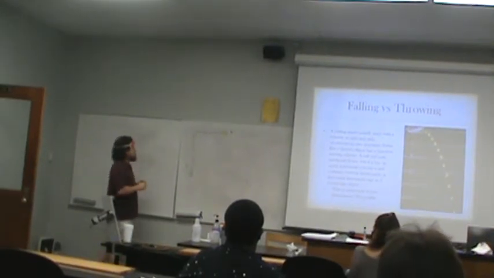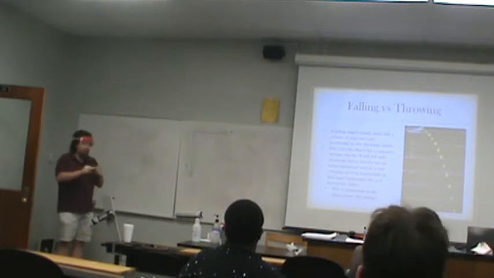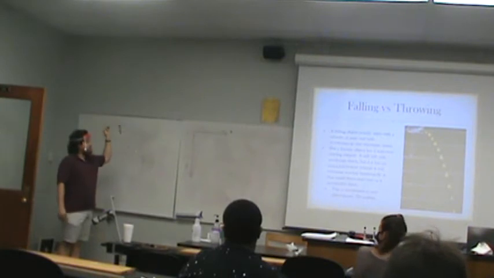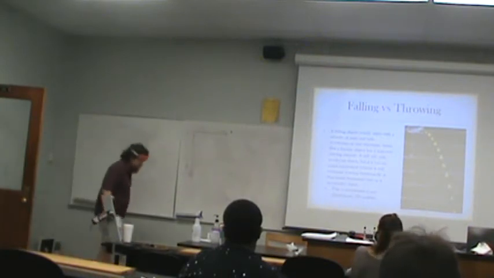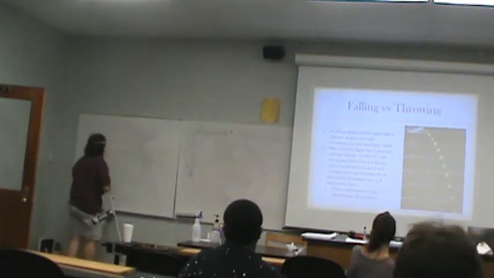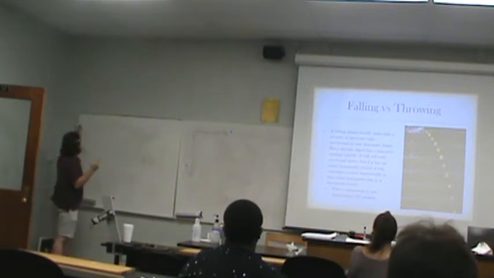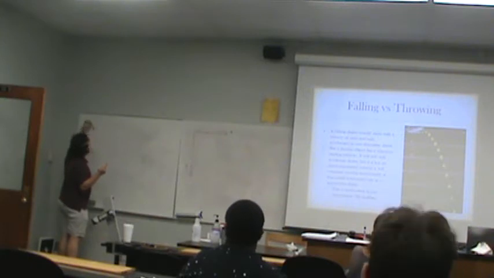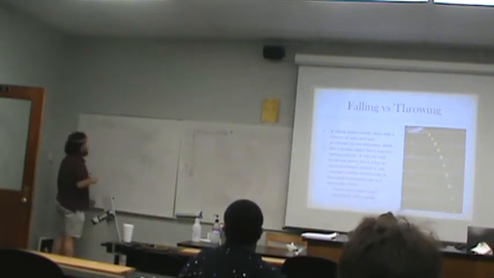So, as a quick sample exercise, let's say I throw this marker at 3 meters per second sideways. Its initial velocity has two dimensions to it. Velocity initial in the x-axis, if I threw it at 3 meters per second, is 3.